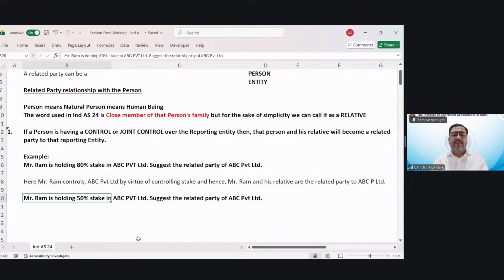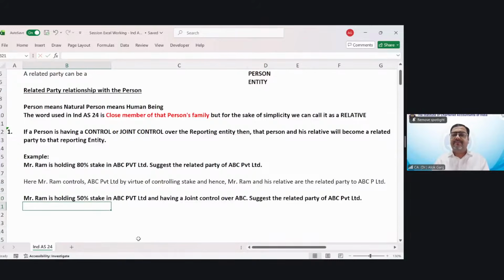So Mr. Ram is holding 50% stake in ABC Private Limited and having a joint control over ABC. Okay.